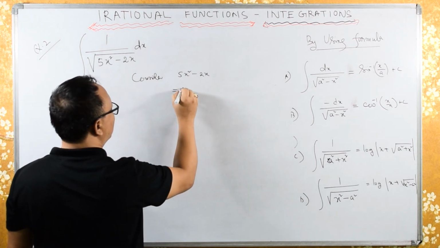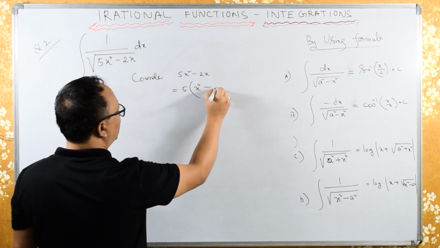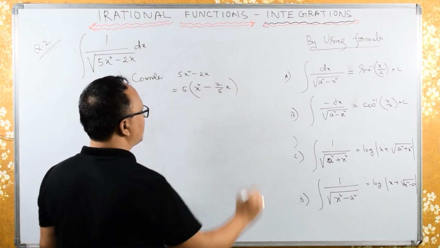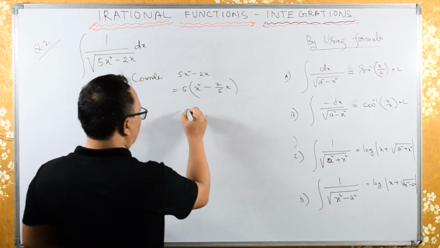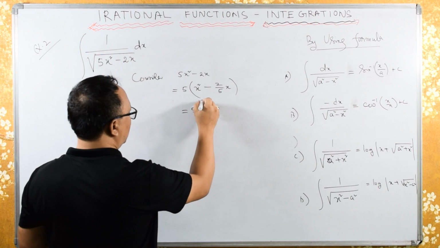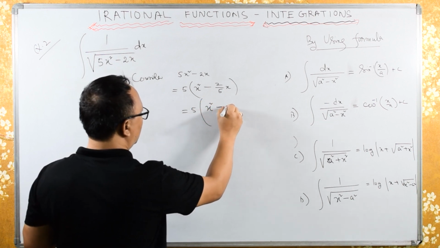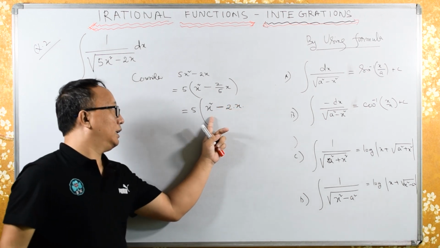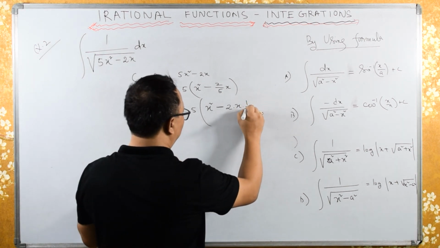It's the same as 5 times (x square, and if I take 5 out, then it will be what? 2 by 5 x), because the 5 gets cancelled. Now, in order to get the perfect square, x square minus twice a b, I need to assign b. Can I assign 1 by 5?